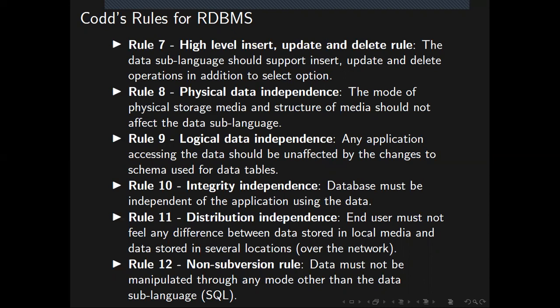I'm not to be bothered about where the storage occurs. That is the physical data independence rule. You store it anywhere, you have to give me the result. I am bothered only about the result, not about the method of storage.